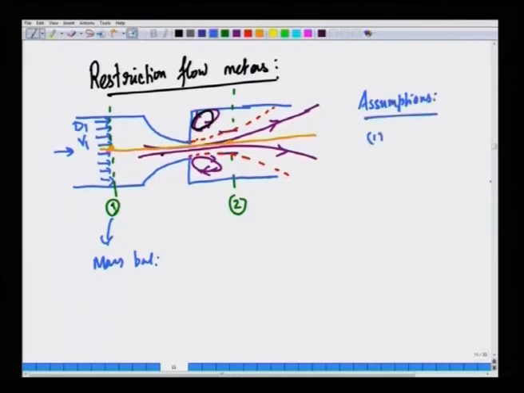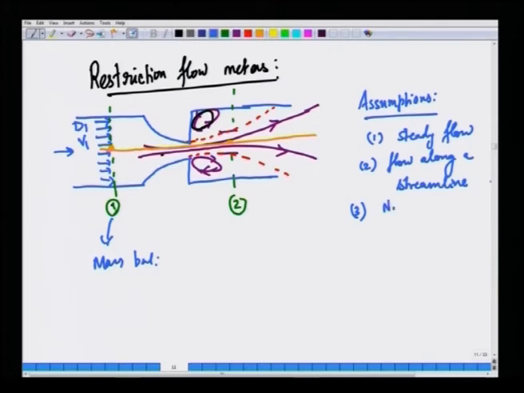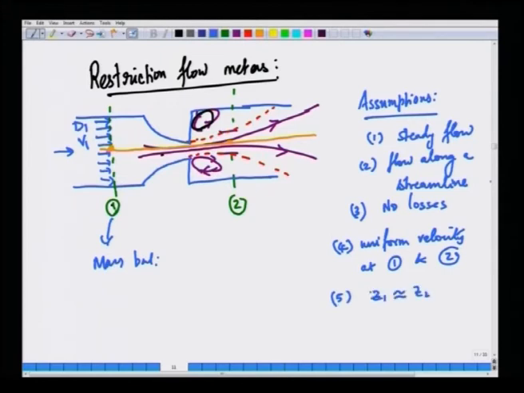The assumptions are steady flow, flow along a streamline, because we want to be able to apply the Bernoulli equation, no losses which will be corrected for later, and you will have uniform velocity at stations 1 and 2. We will further assume that the elevation of points 1 and 2 is the same, which is a very reasonable assumption.